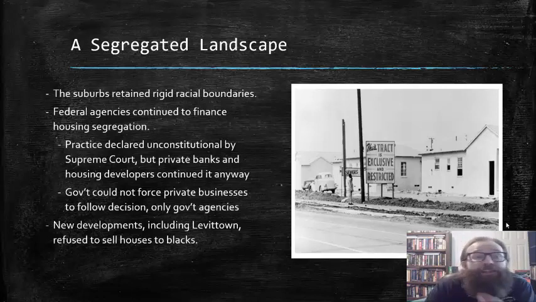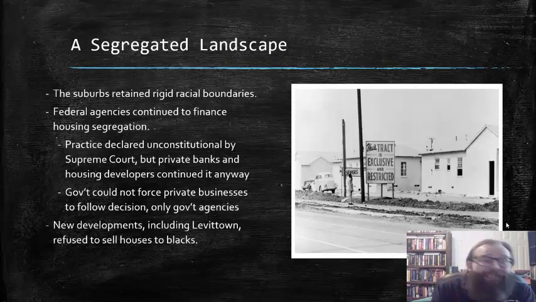This practice was actually declared unconstitutional by the Supreme Court, but private banks and housing developers continued to do it anyway, mostly due to continued social pressures for them to do so. The government could not force private businesses to follow the Supreme Court's decision, only the government agencies.